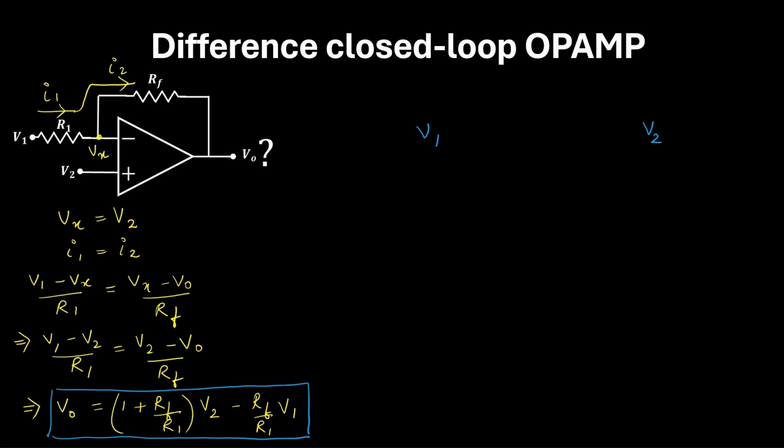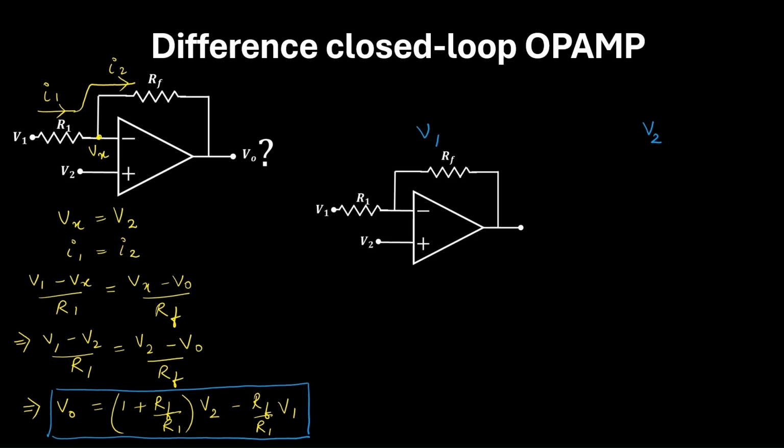Now, you first calculate the output due to V1 when V2 is grounded. So let's take this circuit. What I'll do is I will ground this V2 and I'll calculate the output. I'll call it V01.